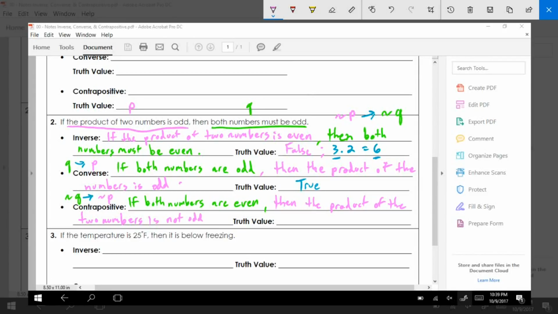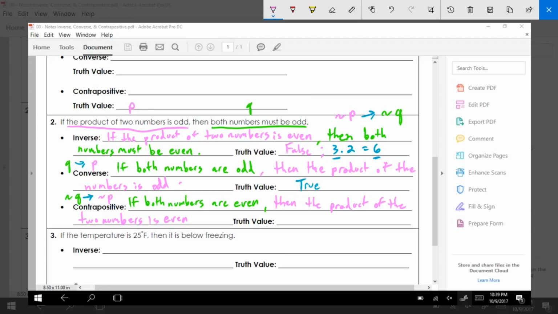But remember, if it's not odd, it's even, and we can just write even. That is the negative and the switched. It's the inverse and the converse together, which is the contrapositive. If both numbers are even, then the product of the two numbers is even.